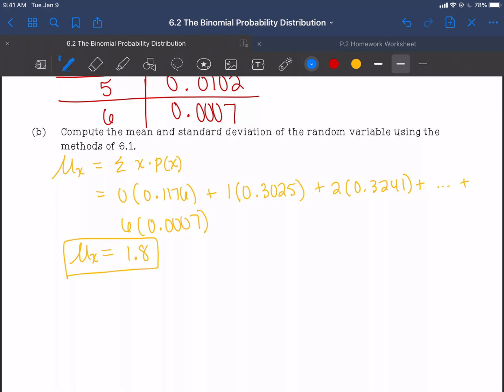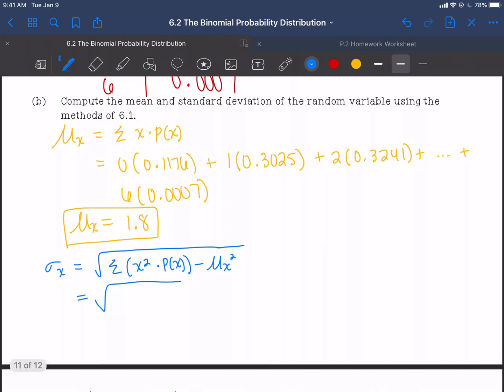Now we're going to calculate the standard deviation, which for that we took the square root of the sum of x squared times p of x minus the mean of x squared.